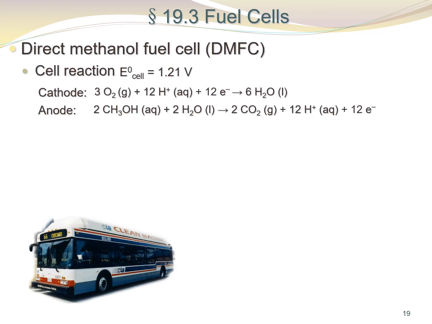The first generation of a fuel cell that is used for our mass transportation is called the direct methanol fuel cell, DMFC. The cell gives off a voltage of 1.21 volts. It may not sound like a lot, but imagine if we have 40, 50 cells all together, so the voltage can be multiplied by 40 or 50, so that gives us enough voltage to power the car.